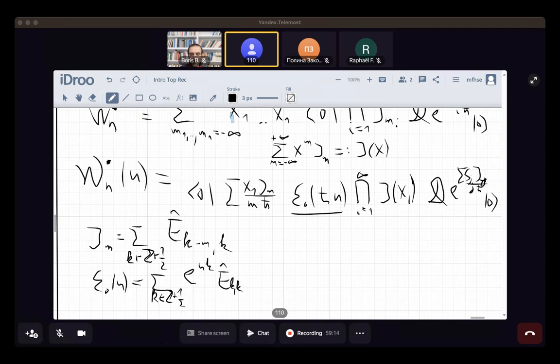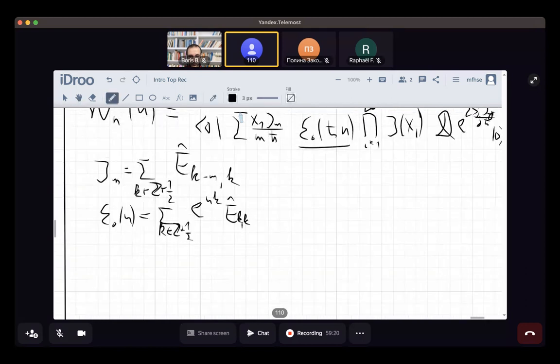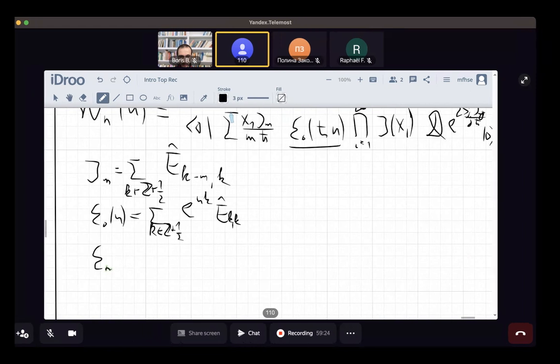We use this operator E. We also have not only 0, but also E_m. E_m(u) was the sum over k of exp(u(k - m/2)) E_{k-m,k}.